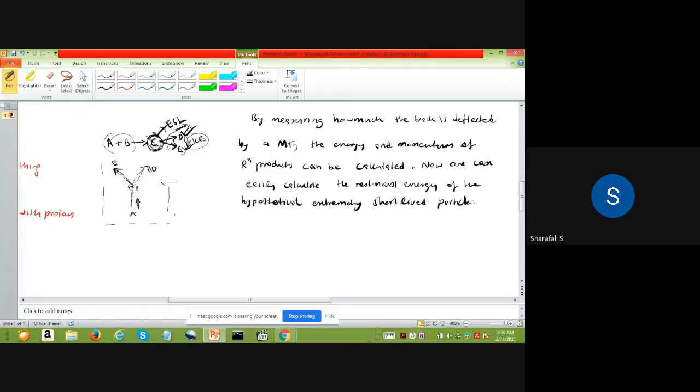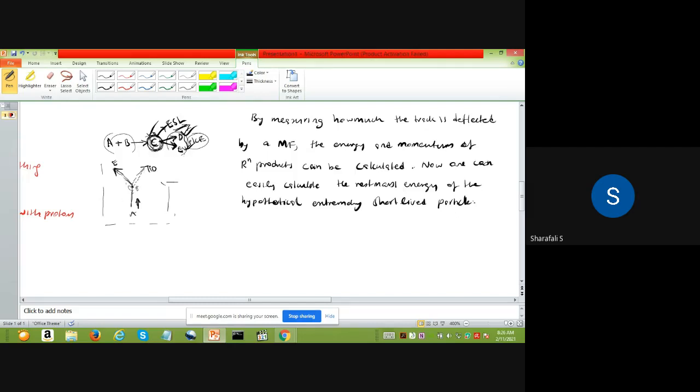Then that will confirm that this C is formed, and its decay will give energy corresponding to this D and E. So it is not a mere coincidence that this D and E will always have the same track and the same energy.